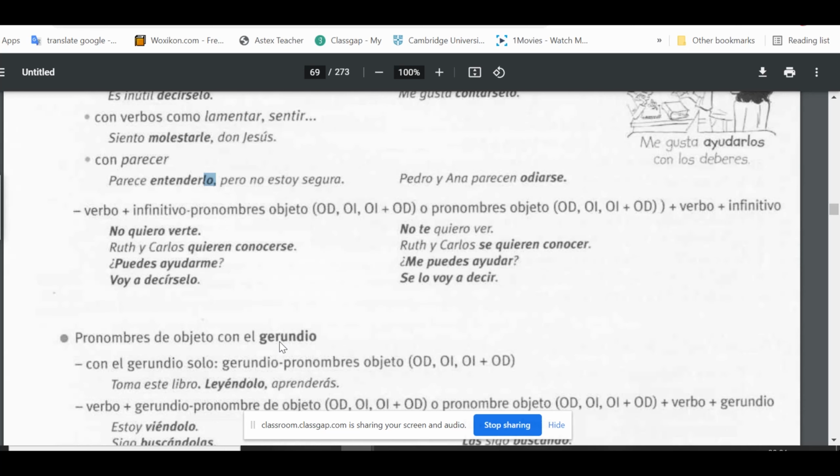Ruth y Carlos quieren conocerse. Ruth y Carlos se quieren conocer. So pretty much you bring the pronoun to the beginning or put it at the end. ¿Puedes ayudarme? ¿Me puedes ayudar? Voy a decírselo. Se lo voy a decir. Etcétera.